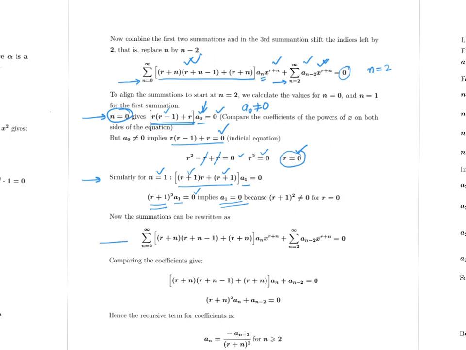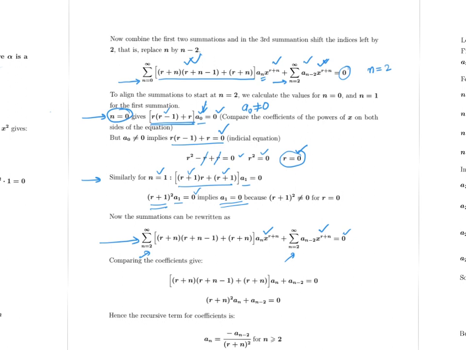So look, the first summation starts at n is equal to 2. The second summation also starts at n is equal to 2. Now, these guys are going to have the same exponents. So on the right hand side is 0. That means all the powers of x with any exponent will have coefficient 0.